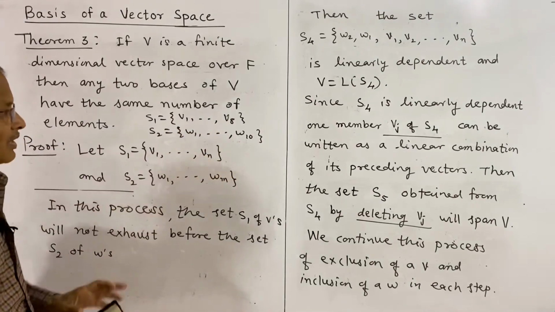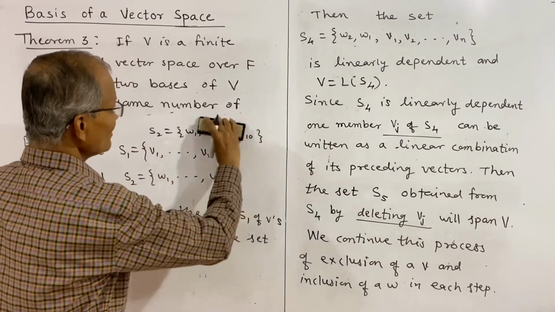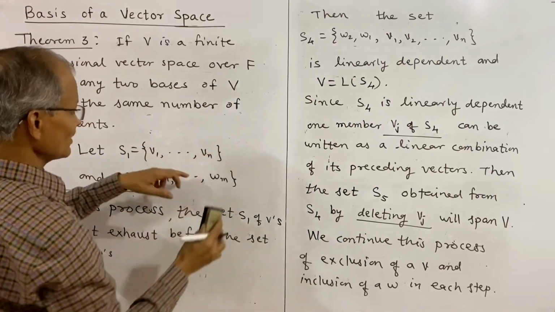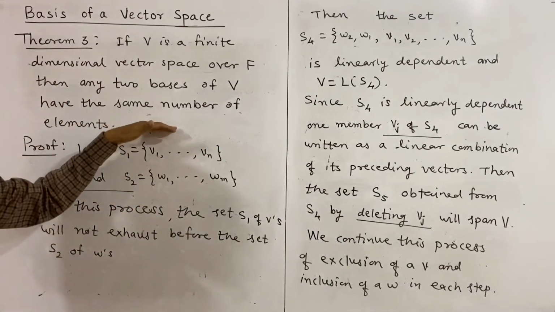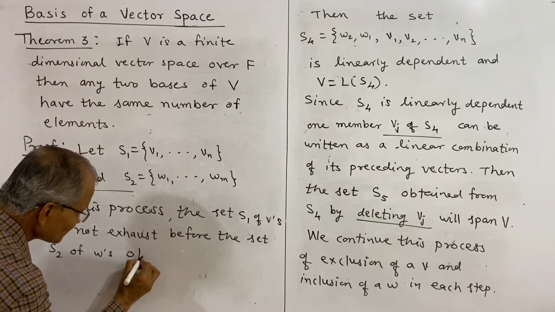But if this happens, then V will be spanned by a subset of W. So only 8 elements will be there in the newly formed set.